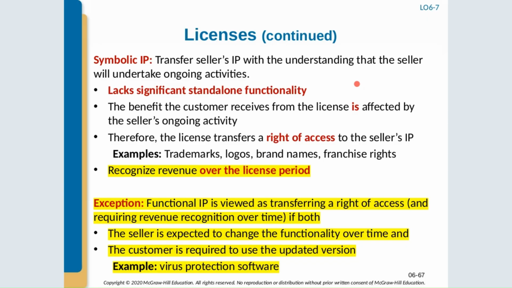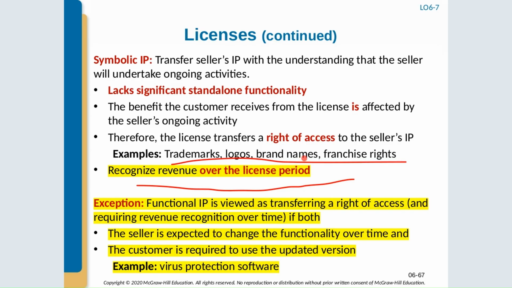There are other types of licenses, and so we may have to recognize the license over the license period. This could be like trademarks and franchise rights and brand names and logos. Those are revenues that are recognized over the license period.